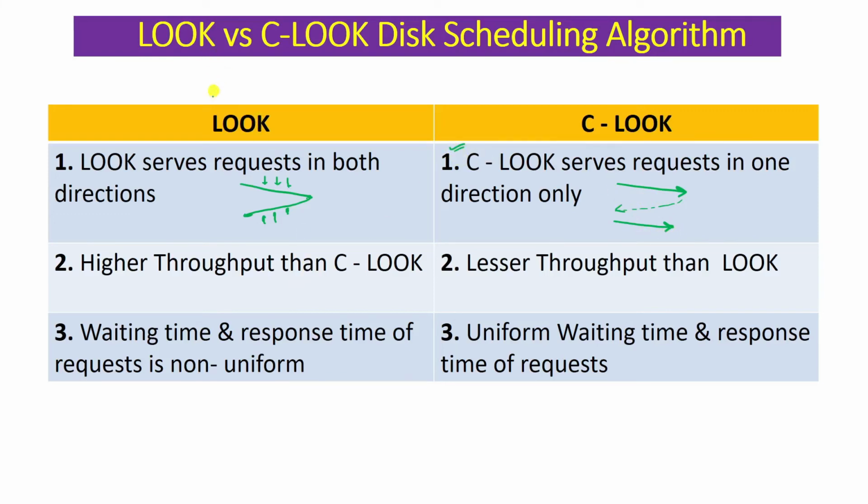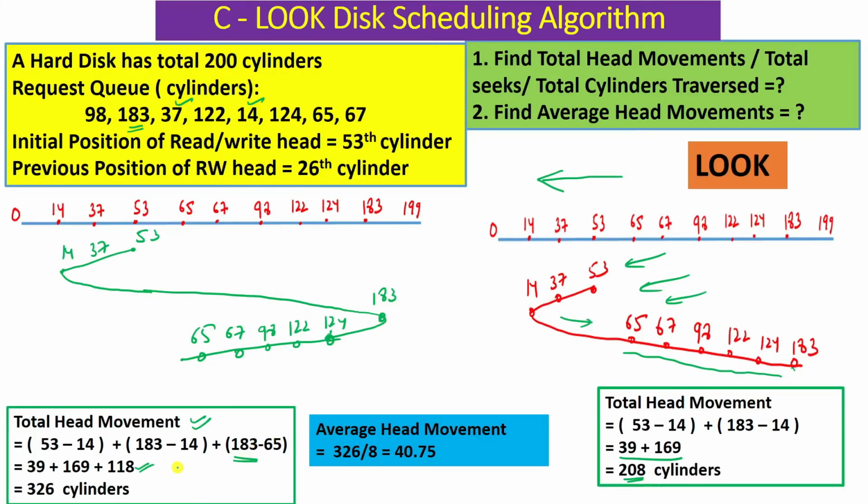And if you see the throughput, then we will see that the LOOK algorithm has higher throughput than the CLOOK. So what does it mean? Throughput is how many requests are completed per unit time. Basically, in the CLOOK algorithm we have a larger number of head movements. Say the time it takes to move from one track to another track is 1 hour.